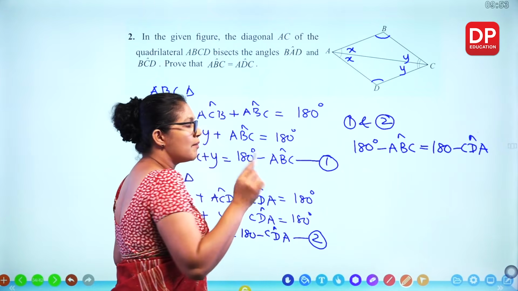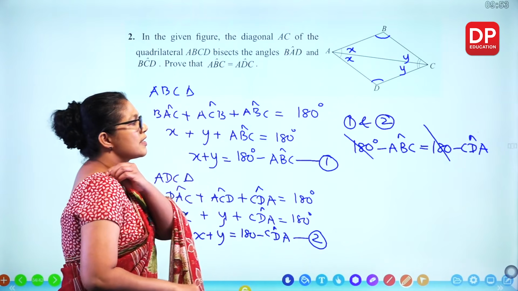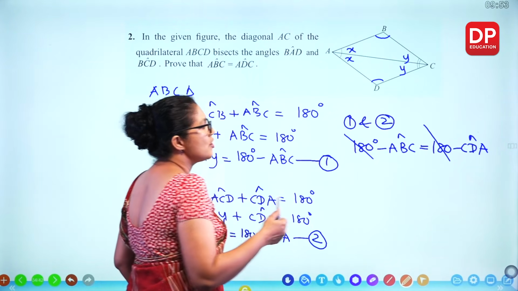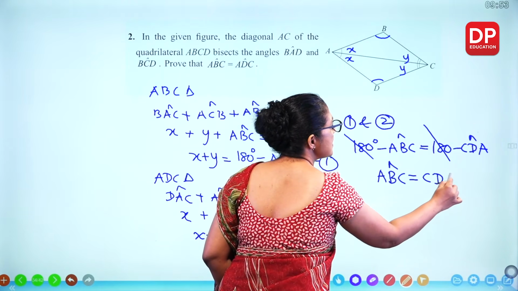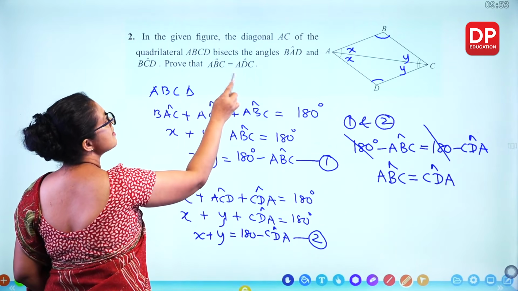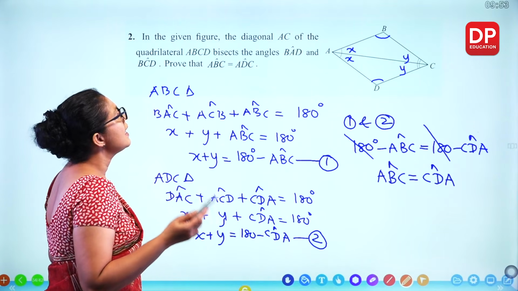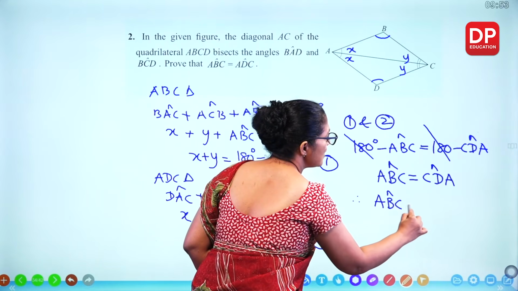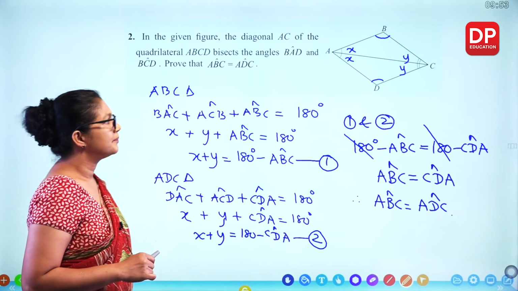Here both sides have 180, I can cross it out, and the minus signs also cancel out. You get ABC angle is the same as CDA. I can write ADC instead of CDA. So therefore ABC angle is the same as ADC angle.